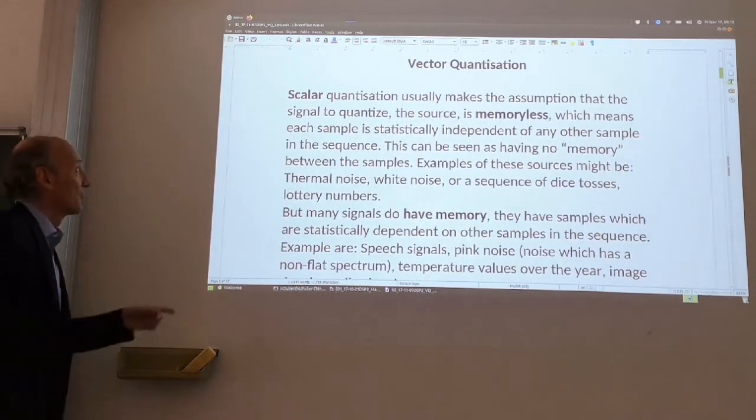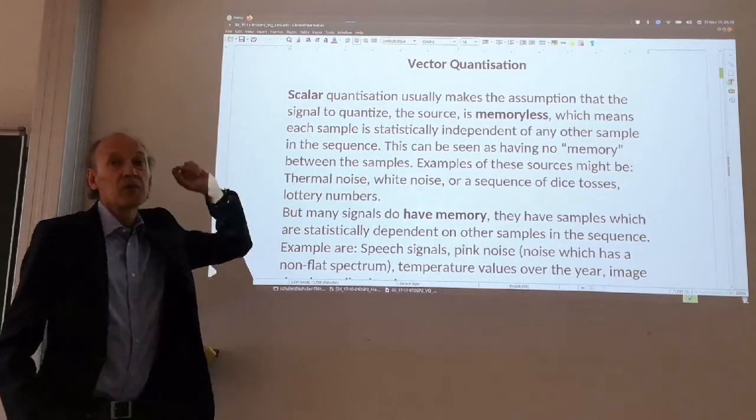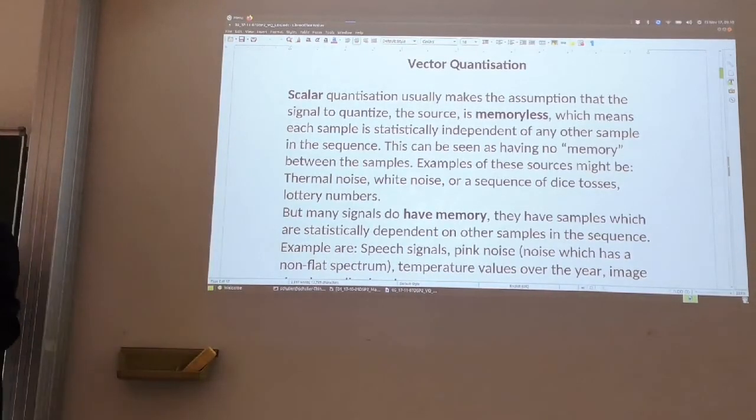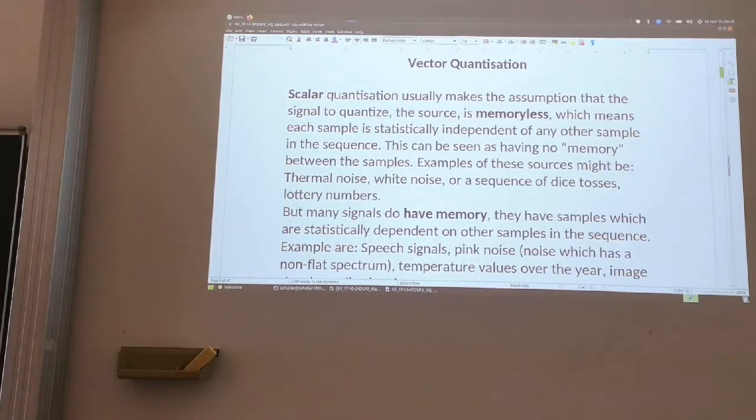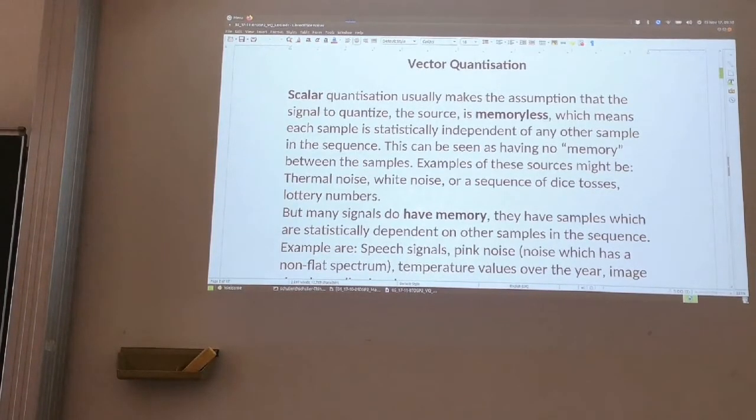Yeah, so in scalar quantization, we usually make the assumption that we have a memoryless system or signal, which means that one sample is more or less totally random. It does not have anything to do with its neighbors. But when you look at, for instance, speech or audio, they have a lot of similarity, so they have a lot to do with their neighbors.